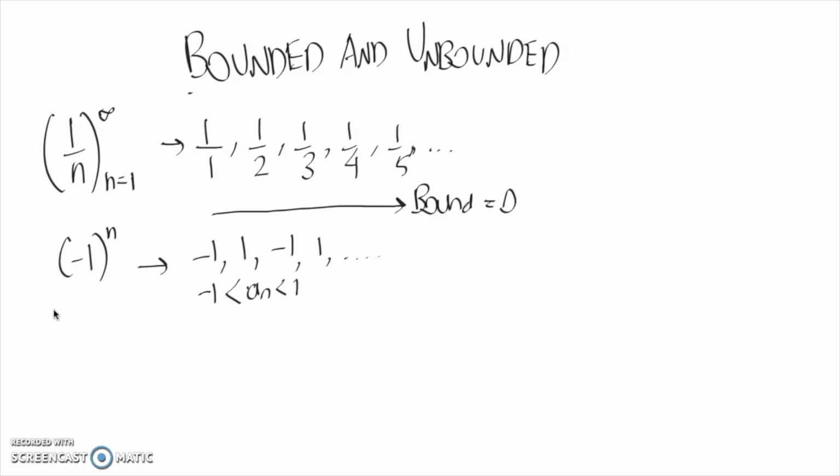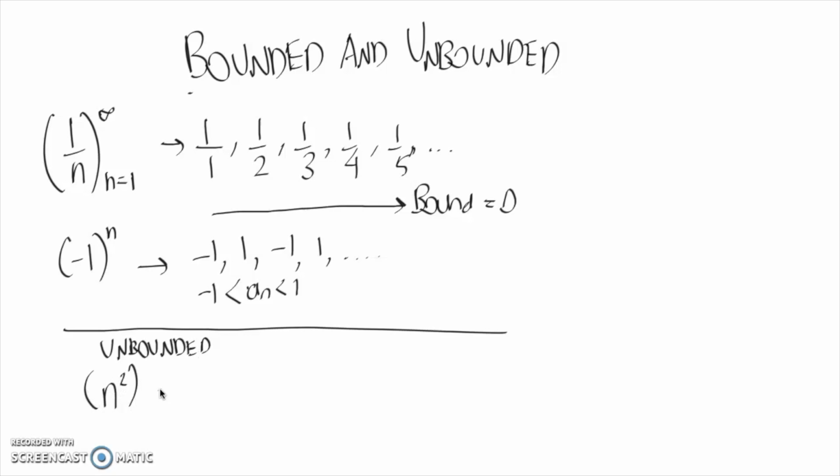Now let's look at unbounded sequences. These are pretty much all sequences that are not bounded by a certain value. For example, let's say we have n squared, a simple unbounded sequence. So we have 1, we substitute 2, we get 4, we get 9, we keep substituting, n equals 1 2 3 4, 16 and 25, and we go on and on.